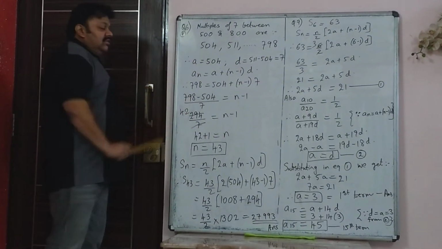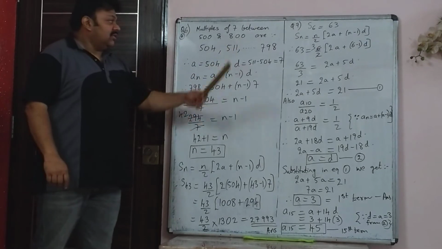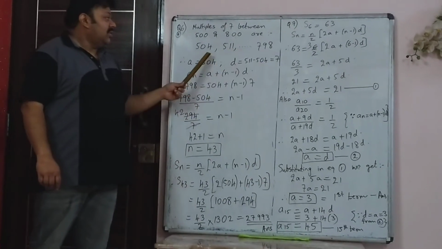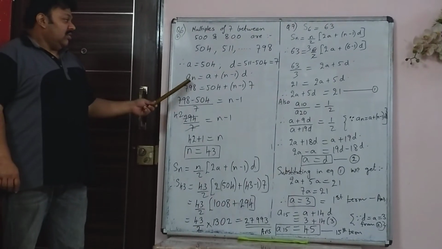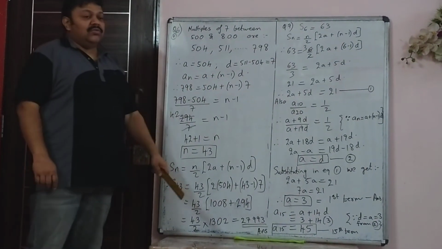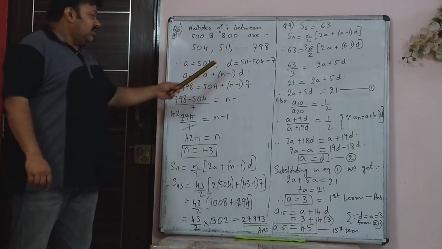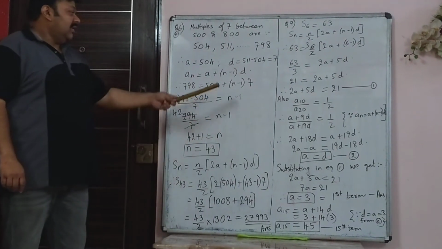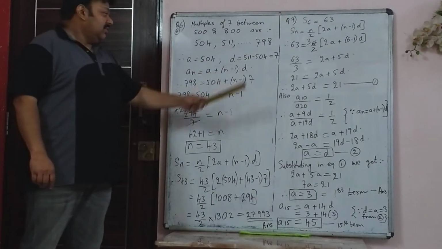So in this series, which is an AP, your first term is 504 and the common difference is 7. So an is a plus (n minus 1)d. So 798 is 504 plus (n minus 1) into 7.